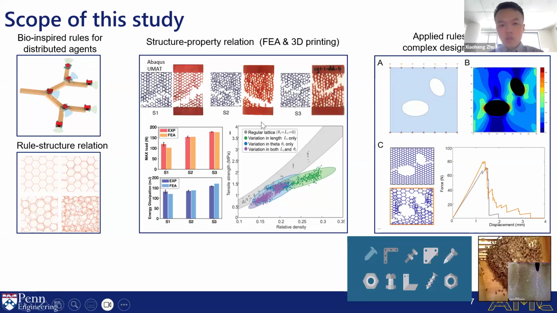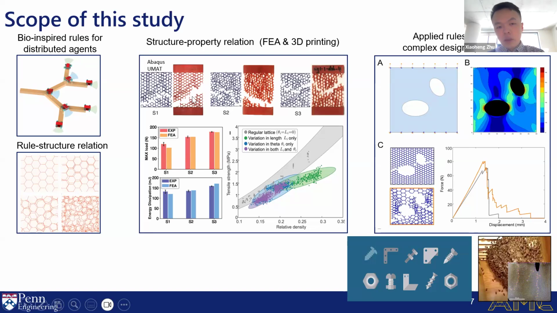For here, we use 2 parts. The first part is because we have thousands of structures, we cannot fabricate using the 3D printing to fabricate these non-deterministic design endlessly. So what we are doing is that we calibrate our finite elements model. So here we are using the UMAT in Abaqus.